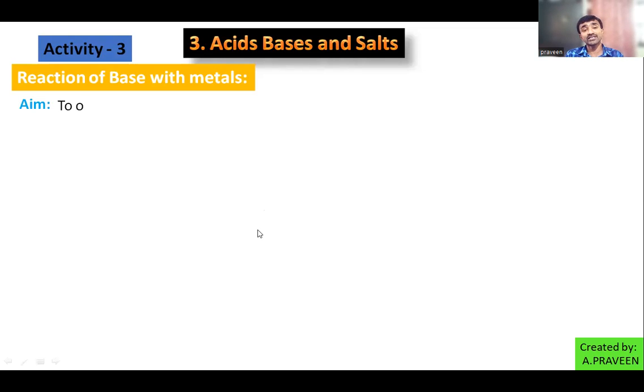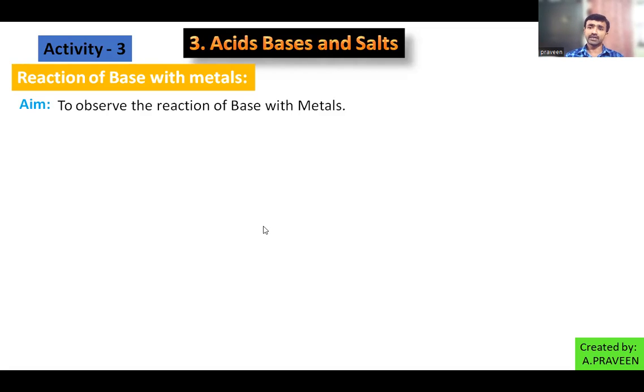To observe the reaction between the base and the metal, right? Is there any reaction we are observing between the base and metal, or maybe the reaction does not take place between them? We don't know. We need to check it, right?